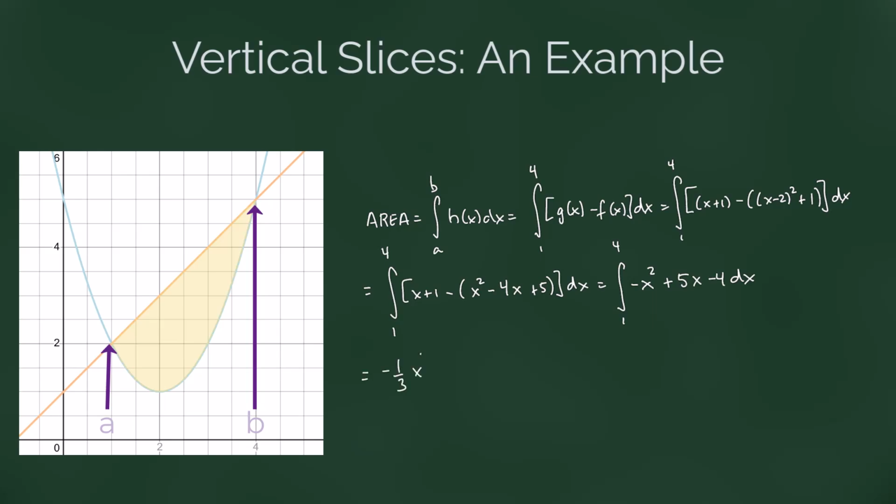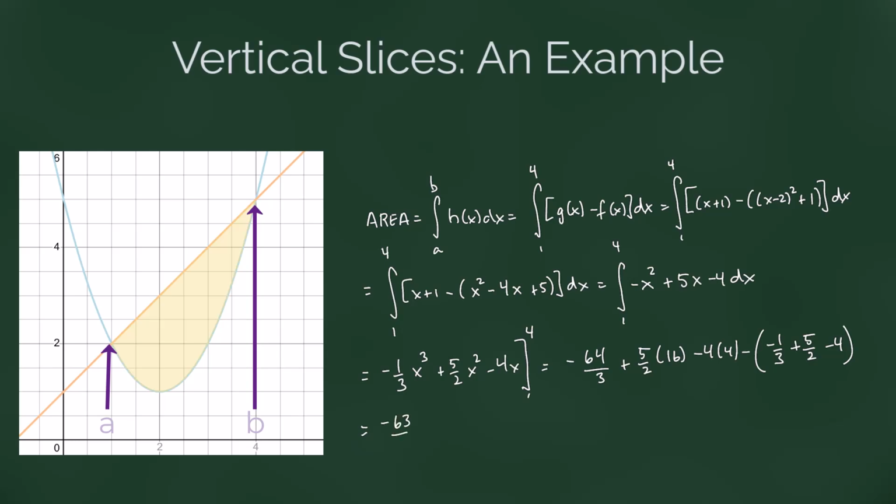Taking antiderivatives, we see that that is negative 1/3 x to the third plus 5/2 x squared minus 4x integrated from 1 to 4, giving us, plugging in 4, negative 64/3 plus 5/2 times 16 minus 4 times 4. Subtracting what we get when we plug in 1, we get minus negative 1/3 plus 5/2 minus 4.